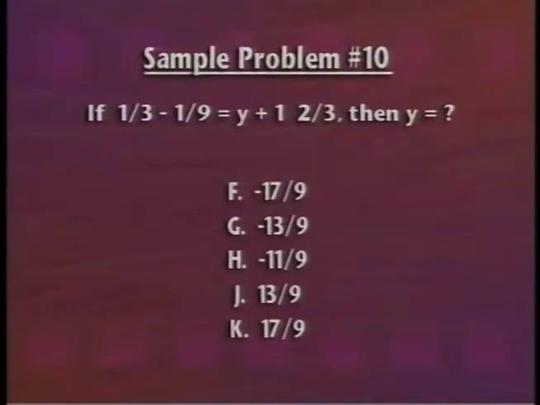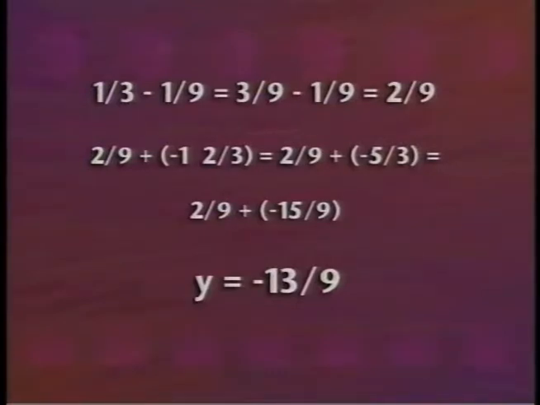If 1/3 minus 1/9 equals y plus 1 2/3, then y equals, let's simplify the left side of the equation first by finding a common denominator and then subtracting. 1/3 minus 1/9 becomes 3/9 minus 1/9 equals 2/9.